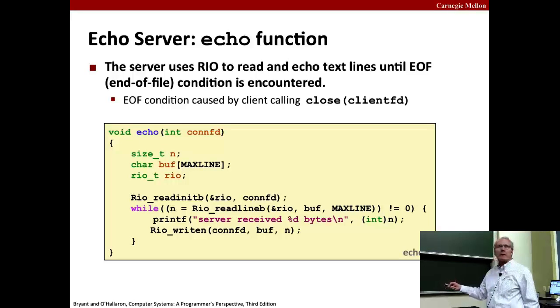If it's a 0, that means it's detected an end of file, and it will just exit from that little loop. But remember, echo is within a bigger loop of accepting new connection requests. Okay, but again, just see that it reads as a way of accepting information from the client, and then it writes to send information back to the client. Good?